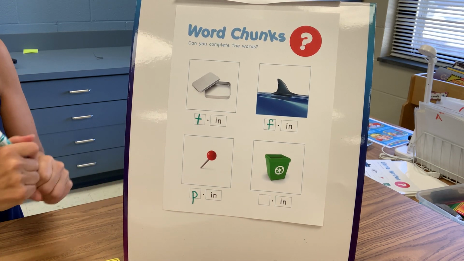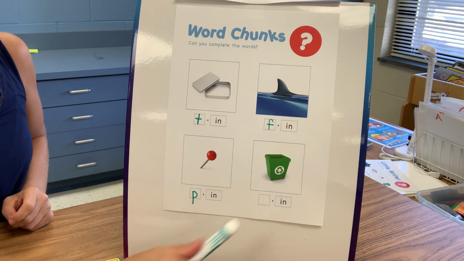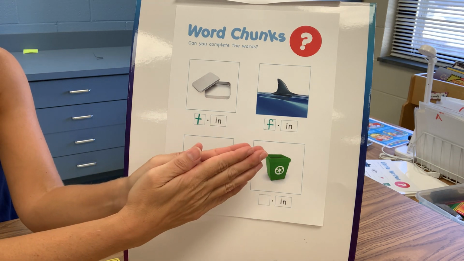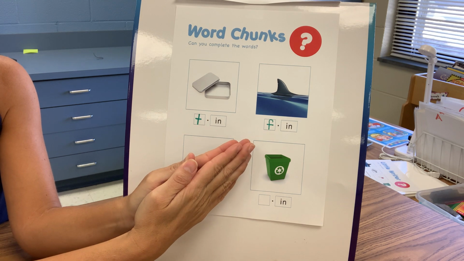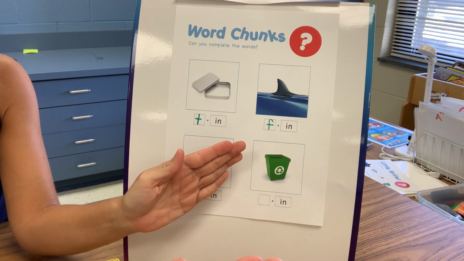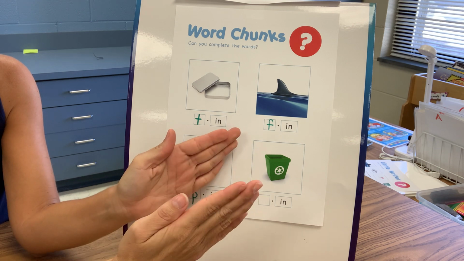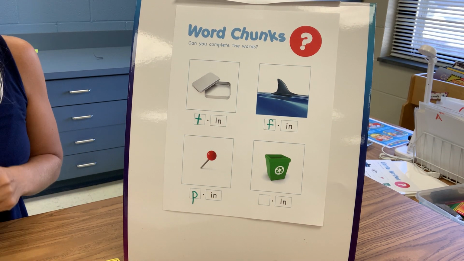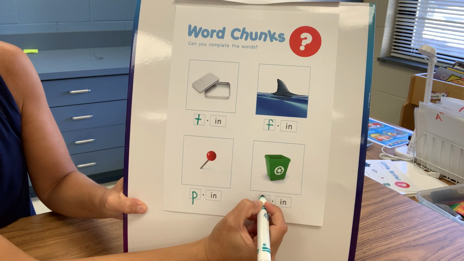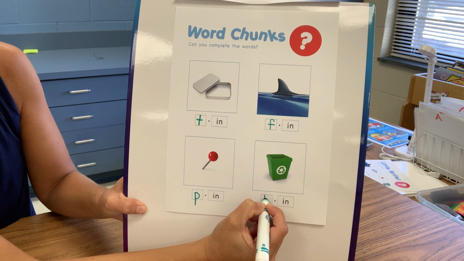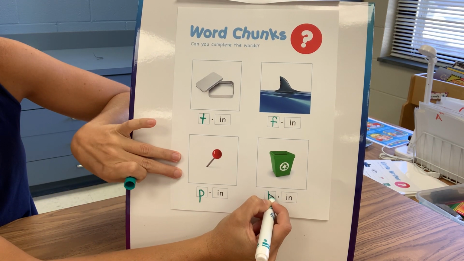And last but not least, over here we have bin. Ready? Hold your hands together. B-I-N. Let's try it again and pause on that first sound. B, b, b, b. If you said the letter B for bouncy bin, you got it correct.